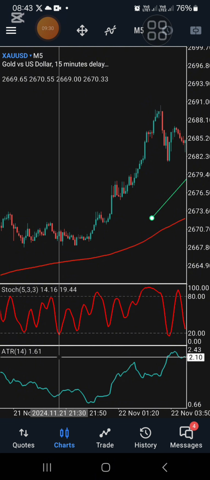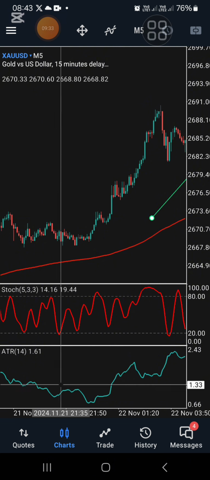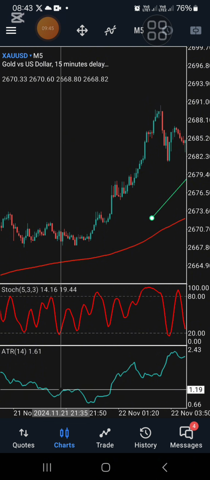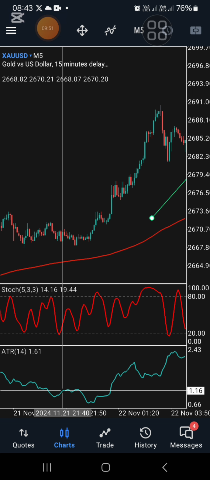In this particular example, it's going to be simple. This is where I want to enter. I will check at this particular level where we had an entry. The ATR value was roughly 1.16, and the stop loss is the value of the ATR times 2. Then, since you'll be buying, you subtract it from where you're entering your trade.